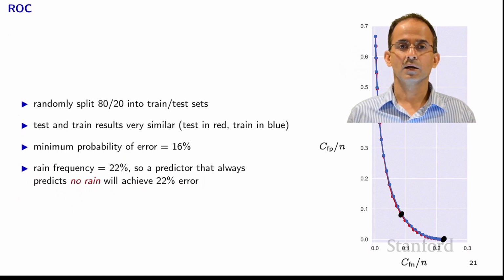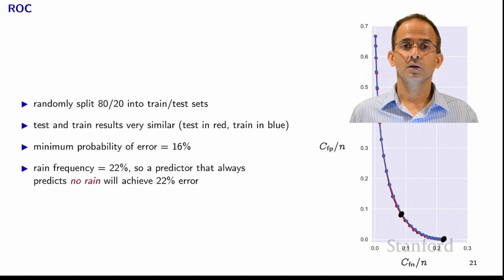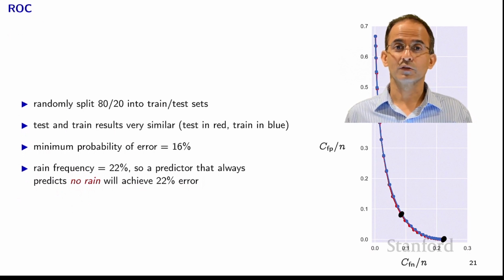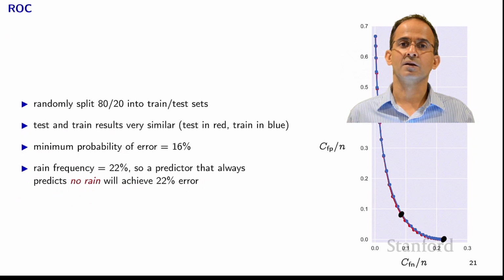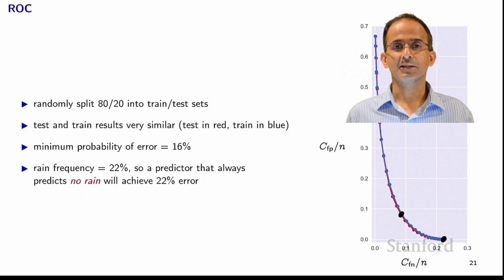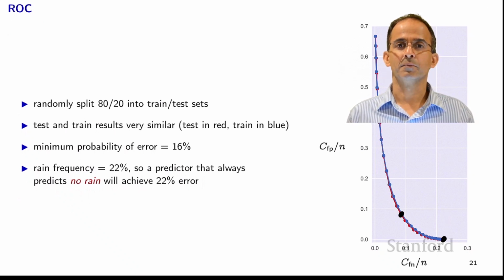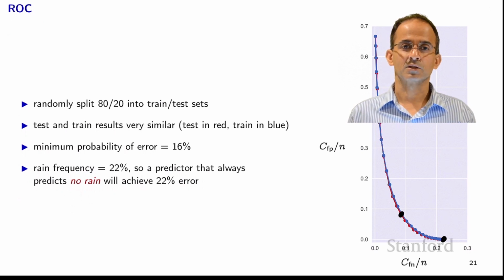And so this is a very simple predictor, which is doing reasonably well with an error rate of 22%. Of course, it's very trivial, and that's really the baseline which we have to improve upon. And so we're achieving 16%, which is a significant improvement over 22%. It would be nice to do better than that, but with the linear predictor that we're using, this seems to be the best achievable.